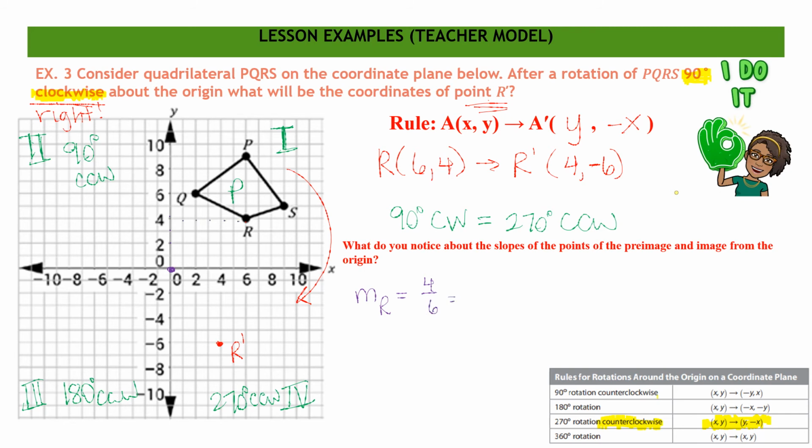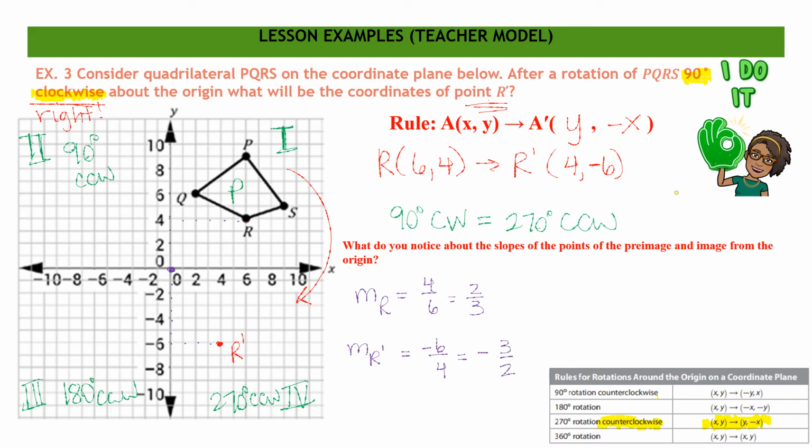So if I reduce that, my slope is 2/3. And if I look at the slope of R prime, I'm falling 1, 2, 3, 4, 5, 6. So I'm falling 6. And I'm running 1, 2, 3, 4. So that means my slope here is negative 3/2.